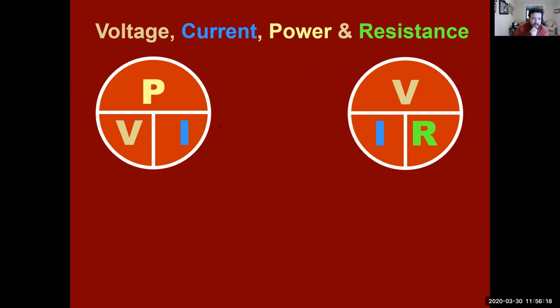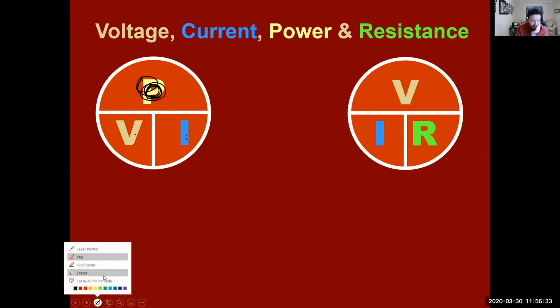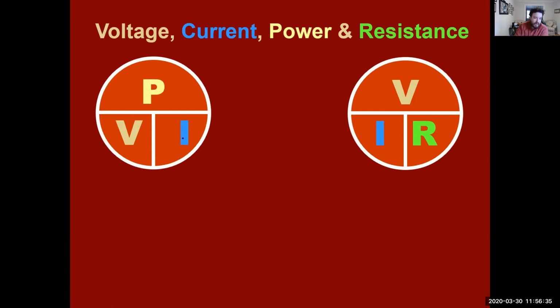If you want power, you put your hand over power, and now you have V times I, or your voltage times your current is equal to power. If you want your current, you put your hand over current, and now you have your power over your voltage is equal to your current.